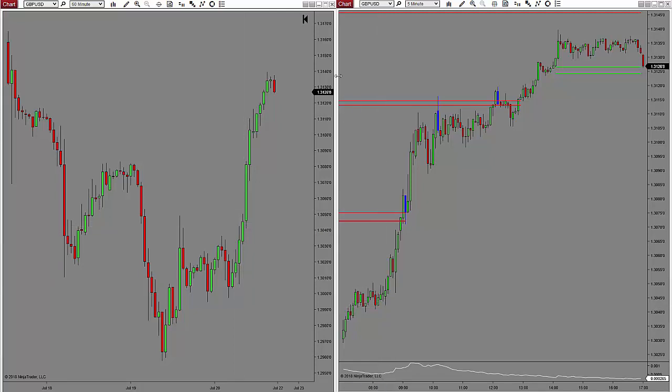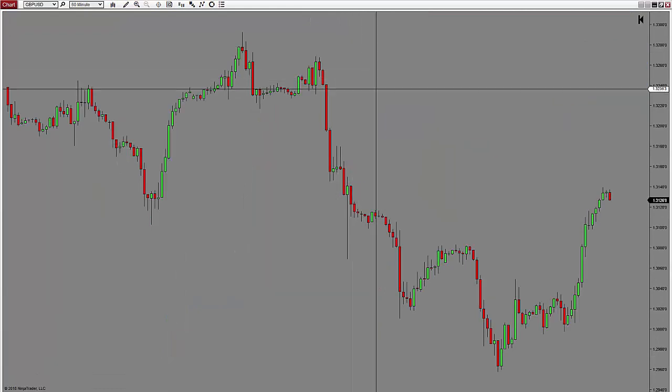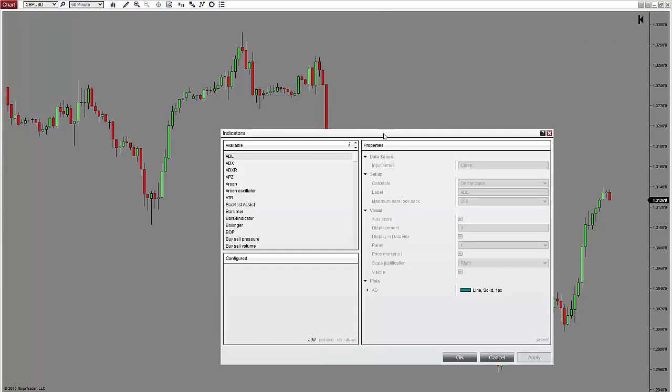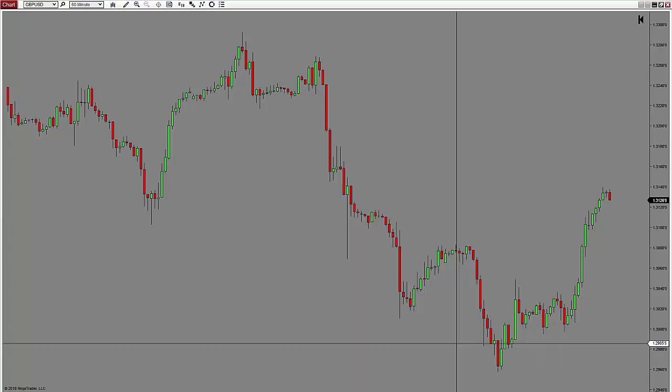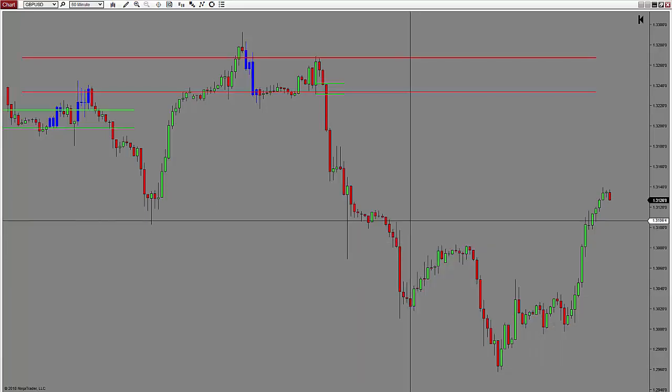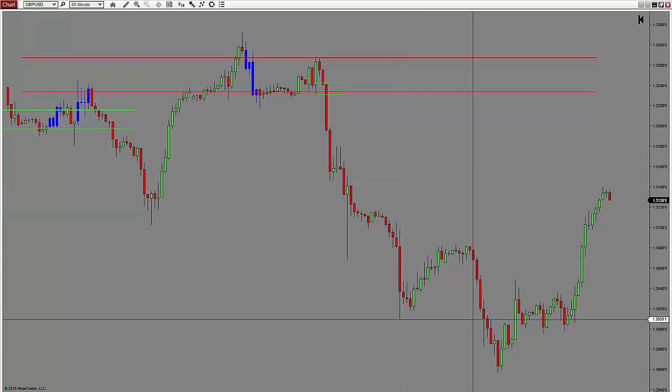So let's take this one step further. I'm going to apply an indicator that I have developed, and it plots structure and volume on any time frame that I want. So let's take a 4-hour chart, apply 4-hour structure and volume onto my 60-minute chart.